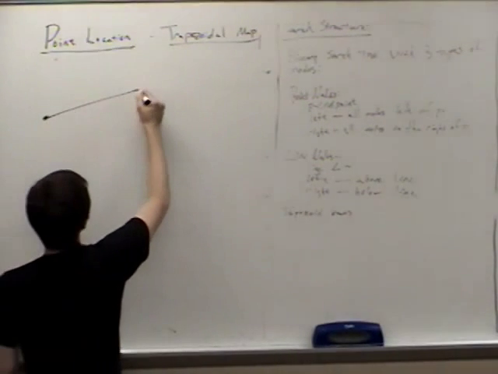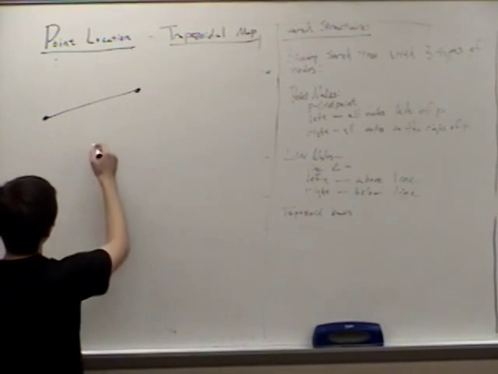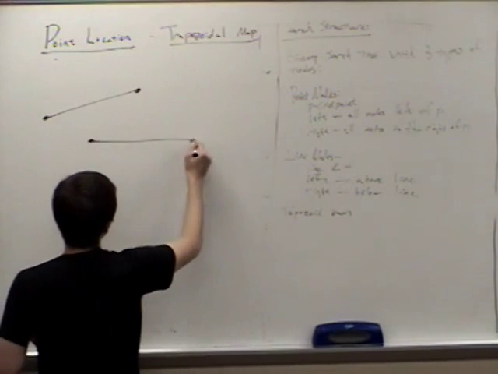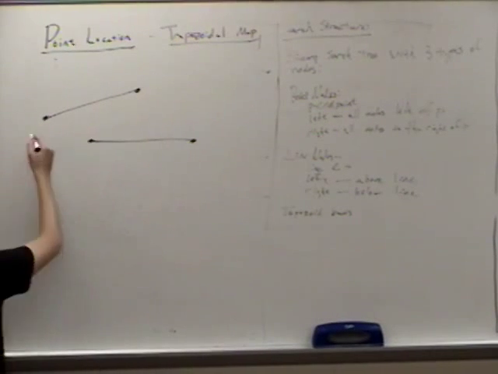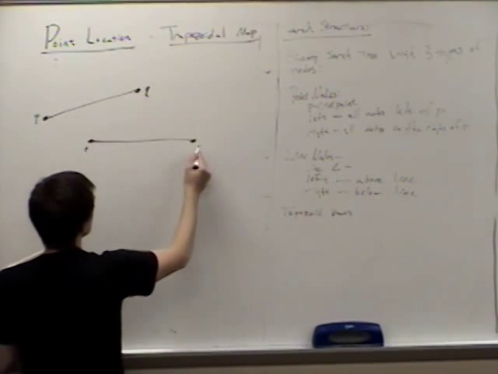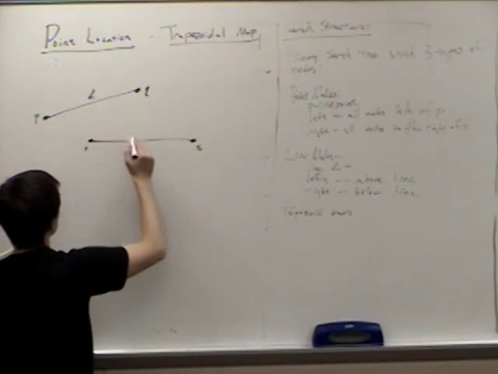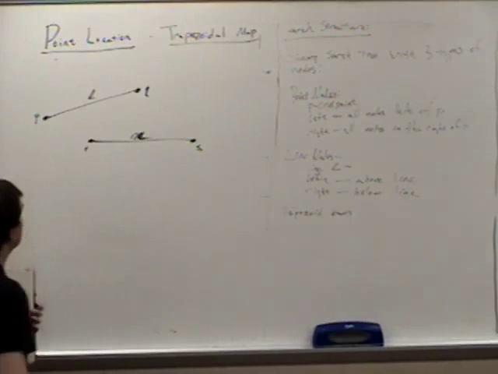Just 1 point, a pair of line segments. Fantastic. All right, we'll call these points P, Q, R, S. Call this line L, and this line M.